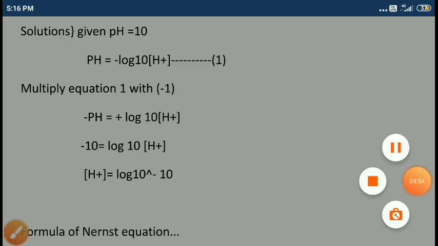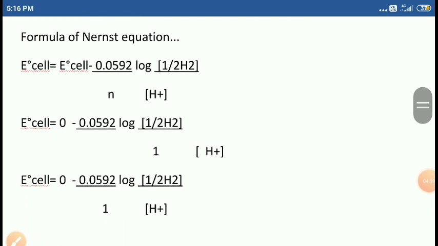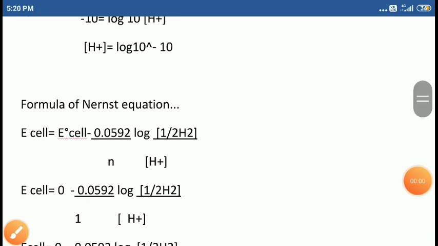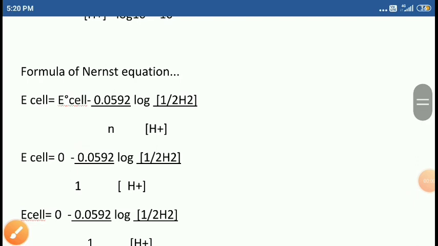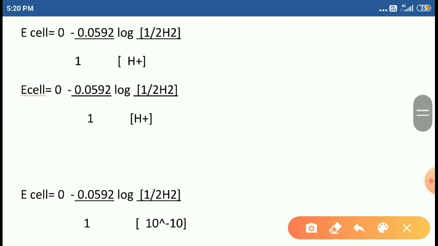From the Nernst equation, E cell is equal to E naught cell minus 0.059 by n log product by reactant. The product is hydrogen gas and the reactant is hydrogen ion. The number of electrons transferred is 1, so we substitute n as 1, 0.059 by 1 log hydrogen by H plus ion.